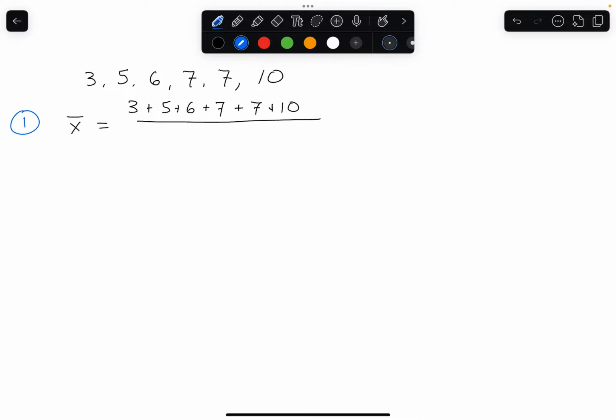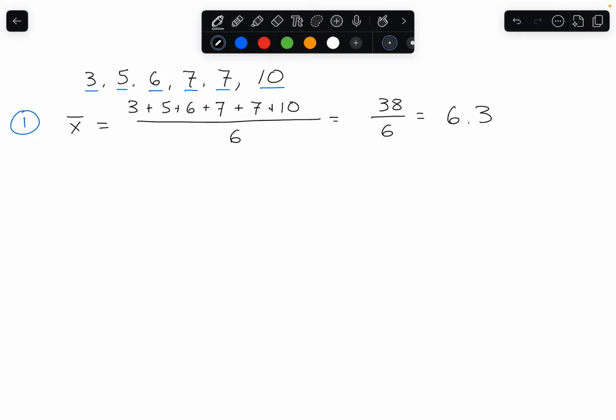In this case, it should be 1, 2, 3, 4, 5, 6. So I'm going to divide that by 6. Let me grab my calculator so I don't make a silly mistake. 3, 5, 6, 7, 7, 10, and I end up with 38 in my numerator divided by 6. I ended up with 6.3 repeating. Let's just round that to 6.3 for right now.